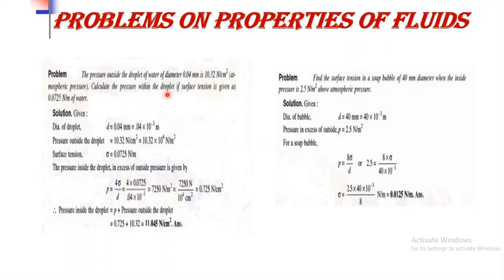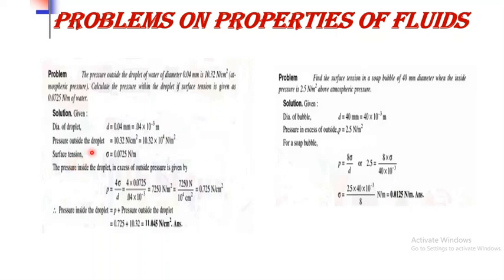The formula for calculating the pressure for the water droplet is P = 4 sigma by d, where P is the pressure, sigma is surface tension, and d is the diameter of the droplet. First we have to list out the given things in the problem. The diameter of the droplet is given, it is 0.04 mm. Again we have to convert that into meter, multiplied by 10 raised to minus 3.